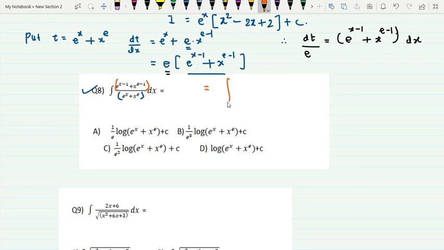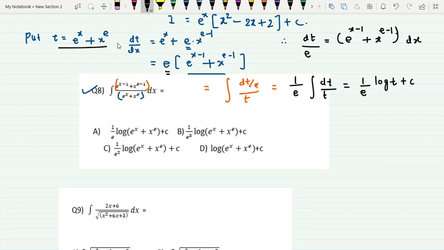So this is the integral of dt upon e and upon t. So 1 upon e is a constant, which we finally take outside the integral sign. 1 by e integral dt upon t, which is 1 by e log of t plus c.